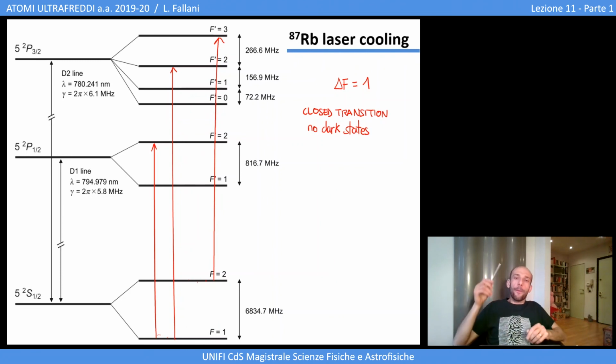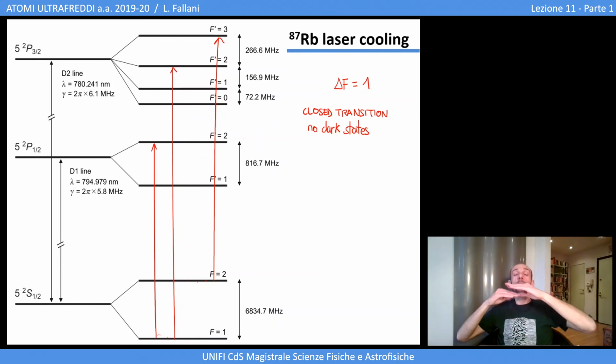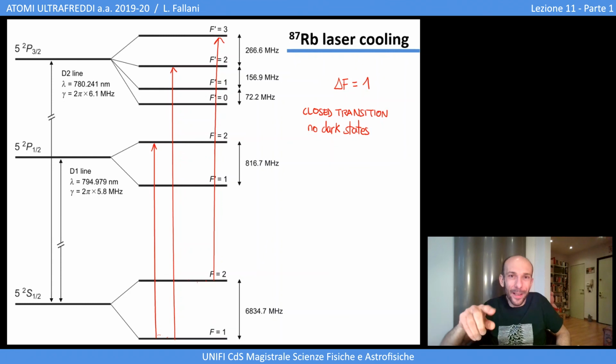So if we apply this criterion of choosing a closed transition, you see that we are left with only 3 choices. 2 transitions start from the lowest hyperfine state, 1 transition starts from the upper hyperfine state. So you have 3 possible transitions, but again, only one will win.